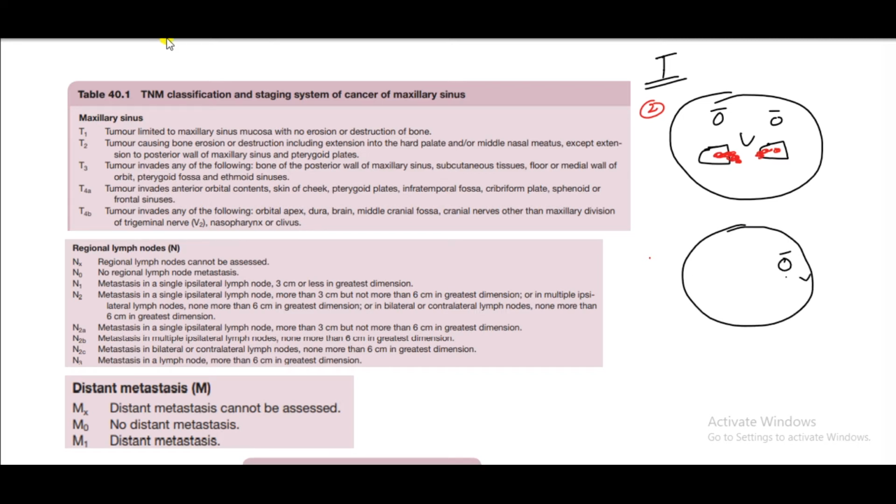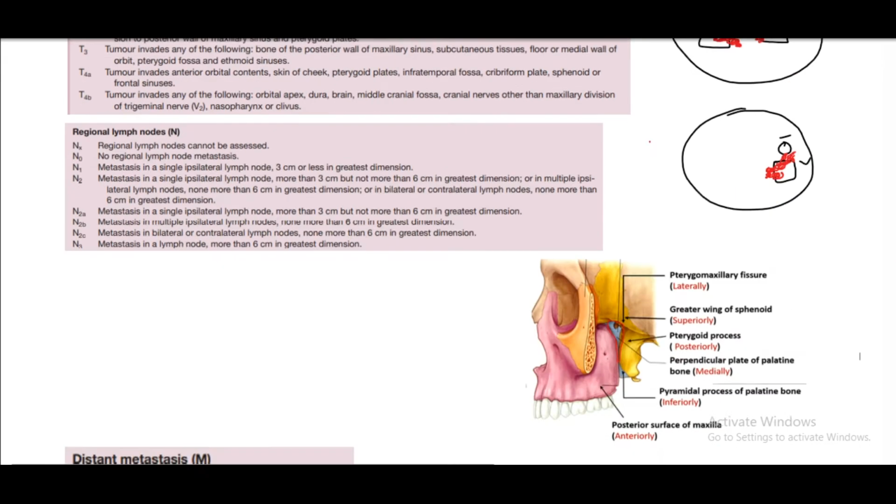And what happened in T3? The tumor invades any of the following: bone of the posterior wall of the maxillary sinus, subcutaneous tissue, floor or medial wall of the orbit, pterygoid fossa, and ethmoid bones. You can see here the tumor is invading into the orbit region and posterior region, and you can see it in the lateral region.